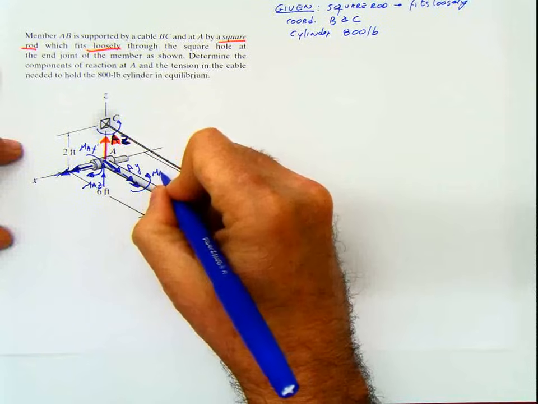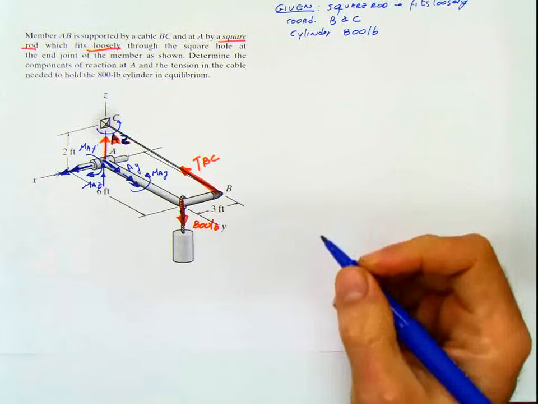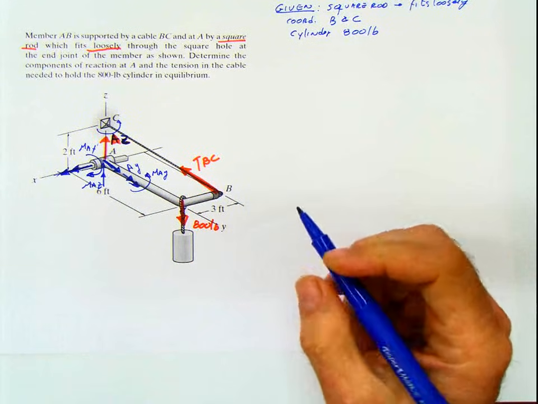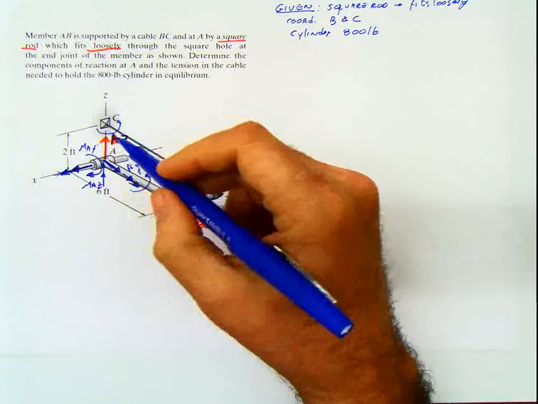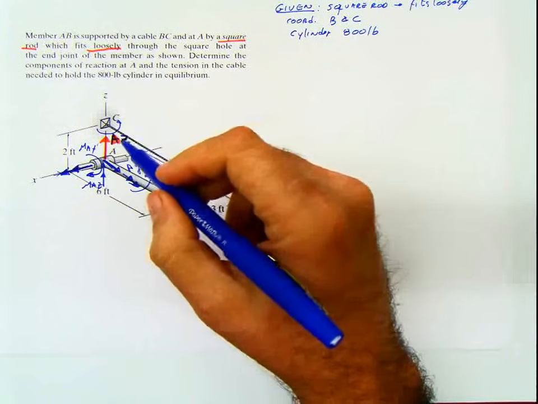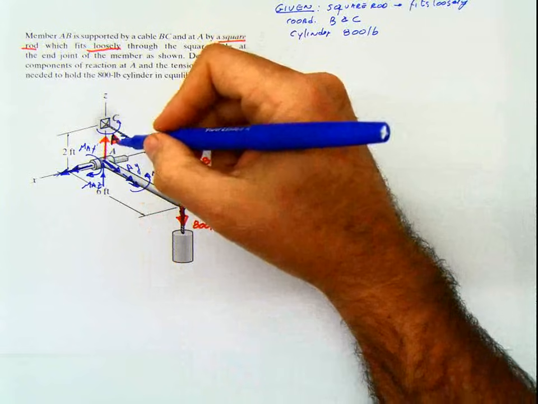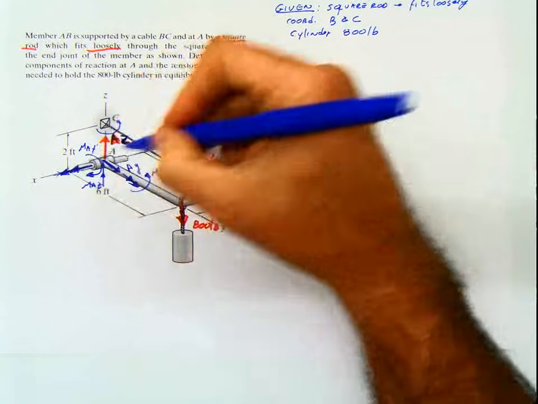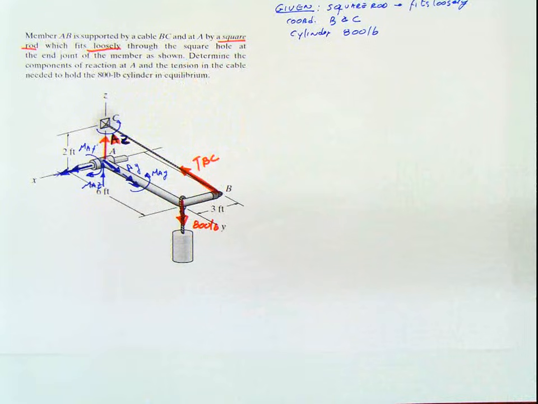This is going to be MAY. So basically, how many reactions do we have? We have 6 reactions. No, not 6, 5. We have AZ as force and AY. Those are 2 forces because AX doesn't exist. And then we have 3 moments: MAY, MAX, and MAZ.